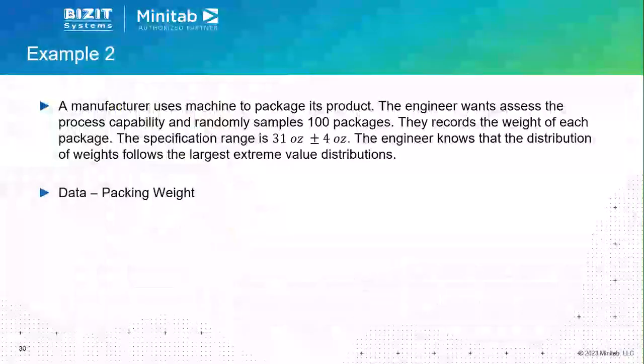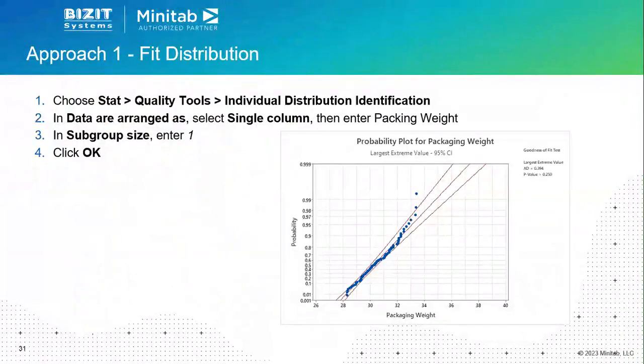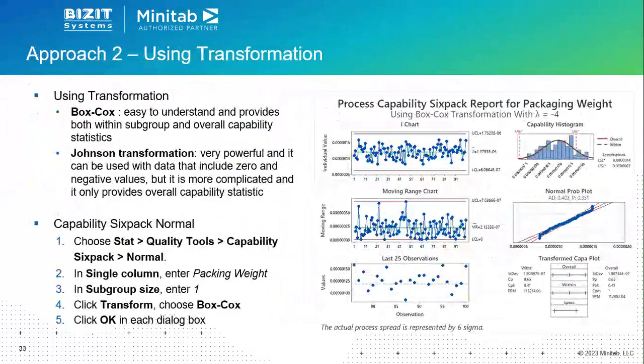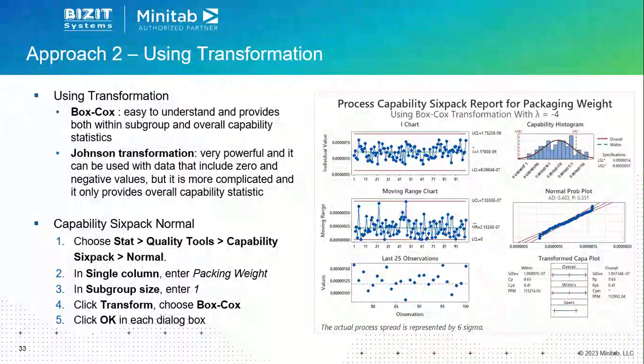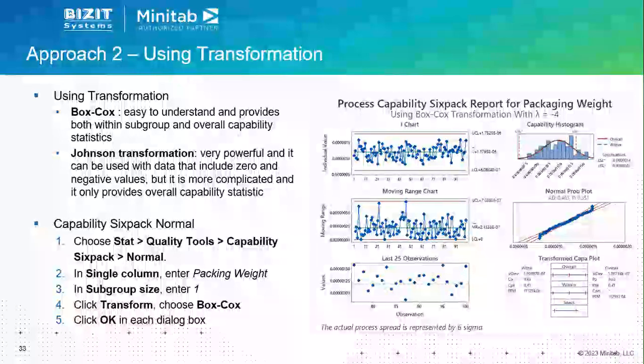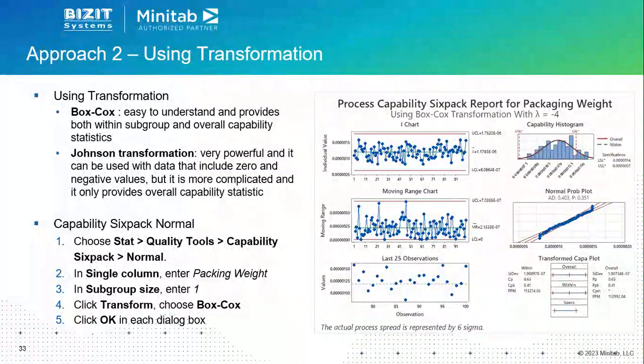Okay, transformation method, the phase one. In Minitab currently, we offer 2 types of transformation. The first type is Box-Cox, and the second type is Johnson. Box-Cox is easy to understand and provides within, subgroup, and overall capability.